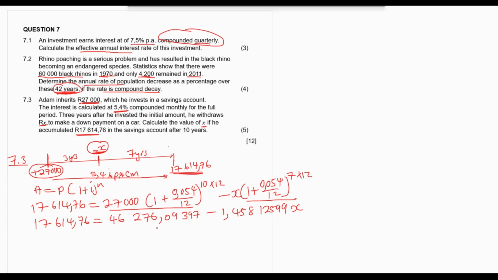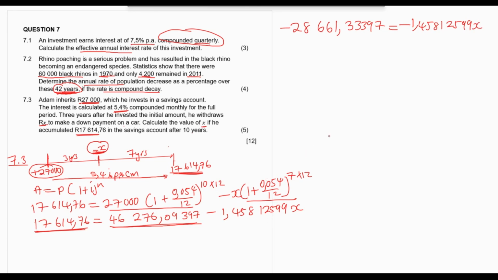Now we're just solving a linear equation here. Right? Subtract 46,276.09397 from both sides of the equation. If you say this amount minus this amount, you'll get negative 28,661.33397 is equal to negative 1,458.12599x.